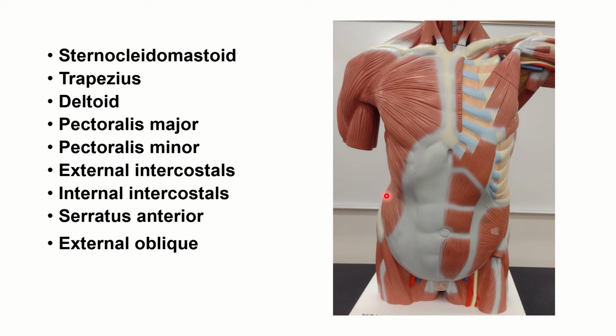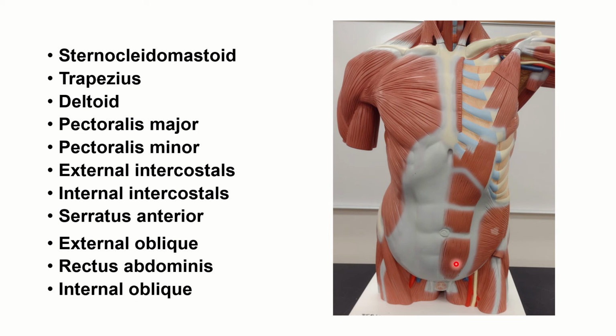External oblique, look at the direction of the fibers here. So down and in. Rectus abdominis, the six-pack muscle. And internal oblique, look at it, this is going down and out.